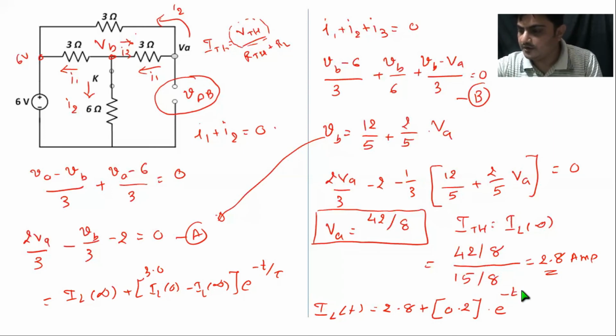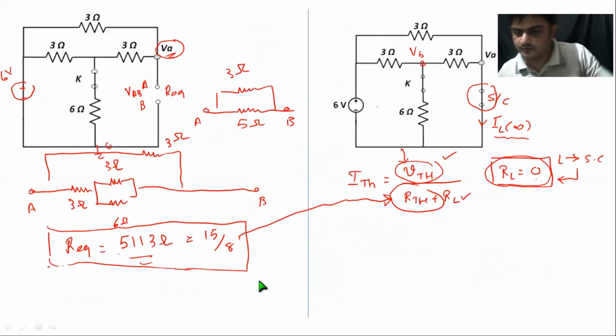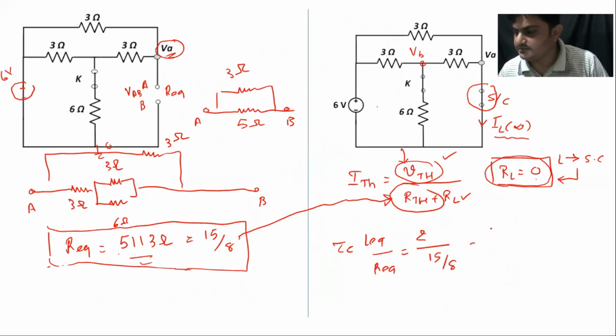Now the value of tau: we have to calculate with R equivalent. Tau is L equivalent divided by R equivalent. L equivalent is 2 and R equivalent is 15 by 8. So this is 16 divided by 15.